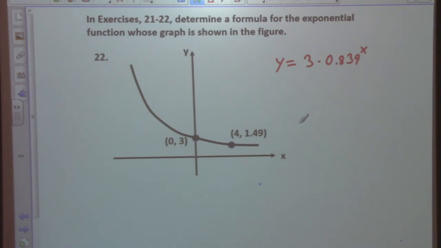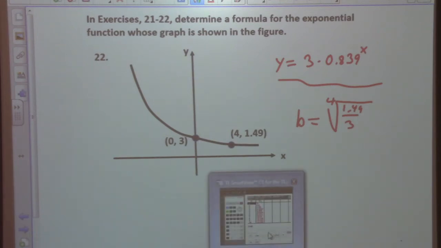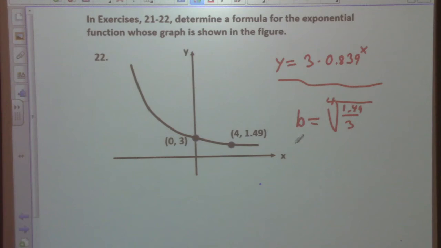You should get the base as the fourth root of 1.49 over 3. And then you're going to get that, okay? And then you can test in the calculator. And that's pretty simple, right? Yep. Right, thank you, Ed.